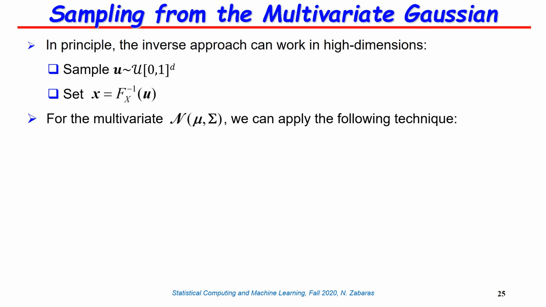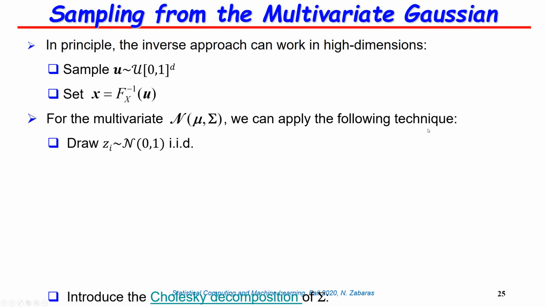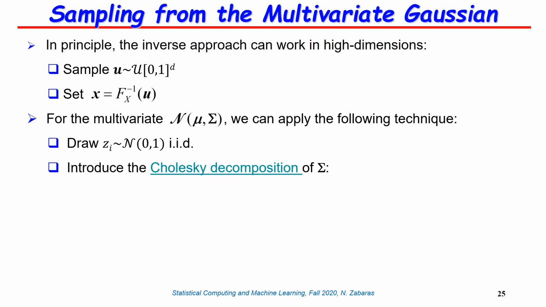So if you have the multivariate Gaussian and you want to generate samples from it, here is an algorithm. Draw Z from the standard Gaussian. So if this is a 10-dimensional Gaussian, draw 10 samples from the standard Gaussian. Do the Cholesky decomposition of the covariance matrix sigma, so that it is S S transpose.